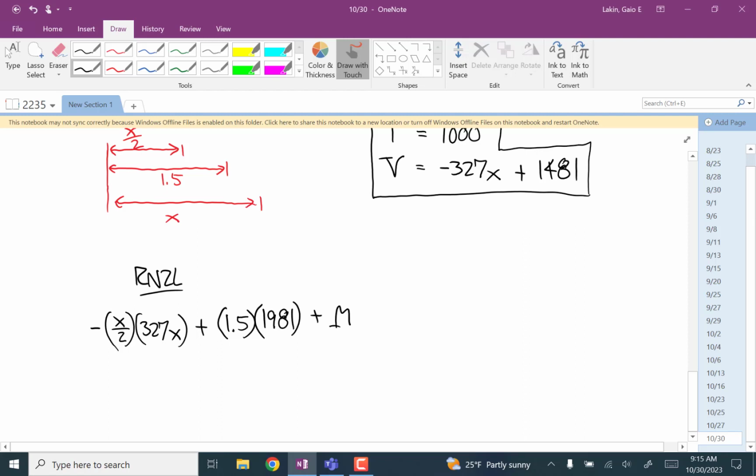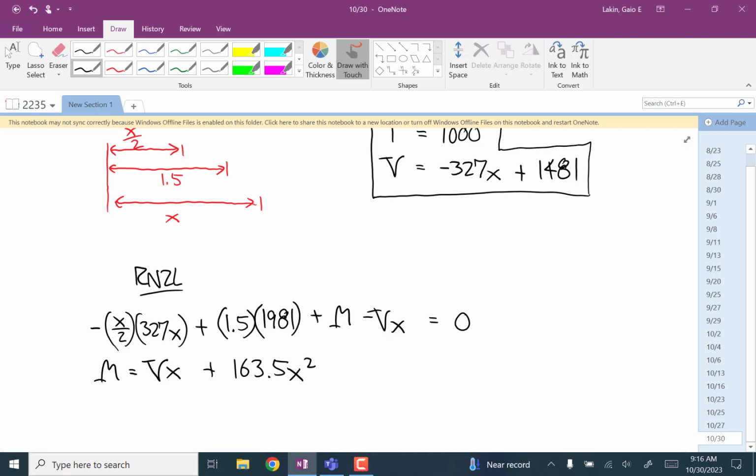Then plus M minus Vx is equal to 0. So M is equal to V times x plus 163.5 x squared, minus 1.5 times 1981, which is 2971.5.